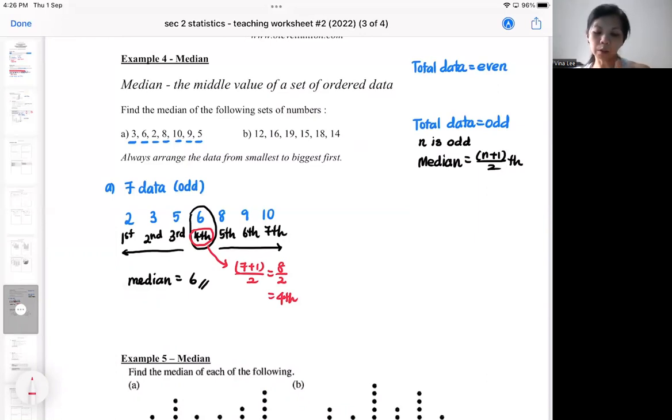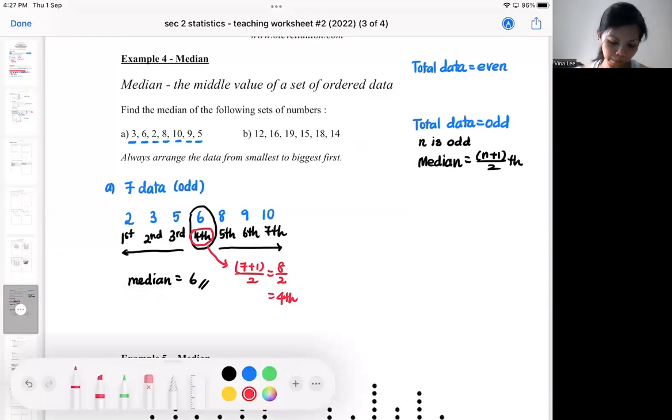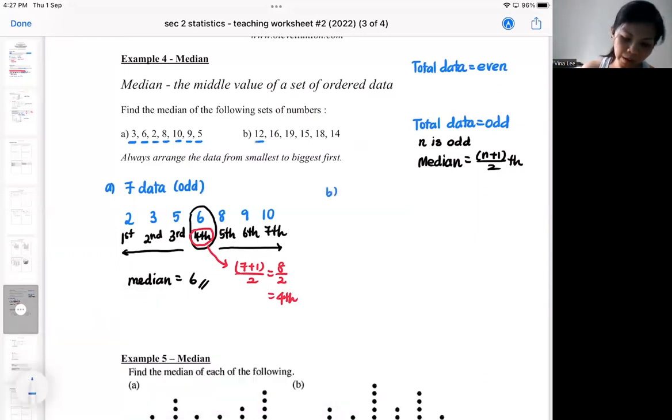So that is the situation where the total data is an odd number. Let's go to the second set. In the second set, if you count, there are 6 data. Because it's an even number, that means nobody will be standing in the middle as the odd one out. So first of all, you arrange first. No matter what, you still need to arrange first.